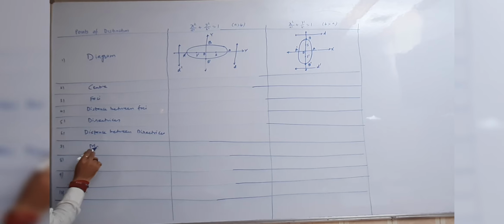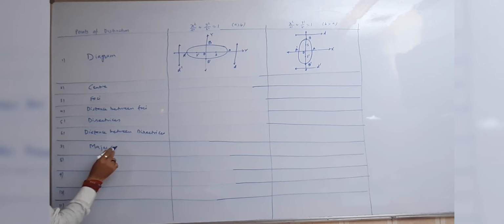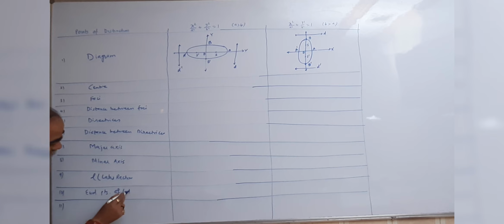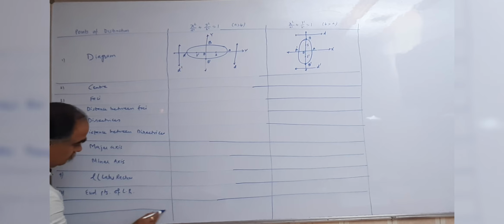Major axis. Minor axis. Length of latus rectum. End points of latus rectum.